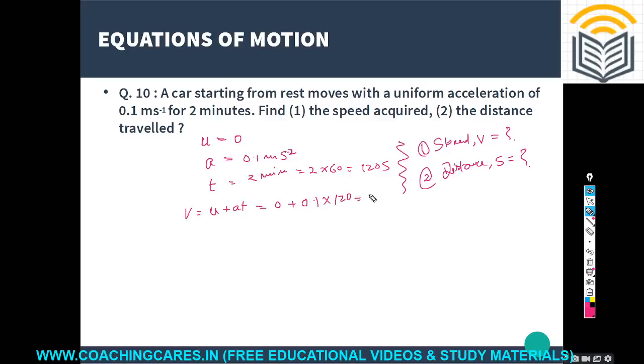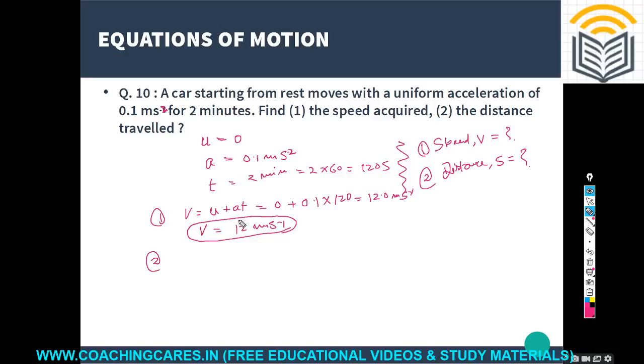So that will become 12.0 meter per second. So we got finally the speed, I mean speed V is equal to 12 meter per second. This is the solution 1.